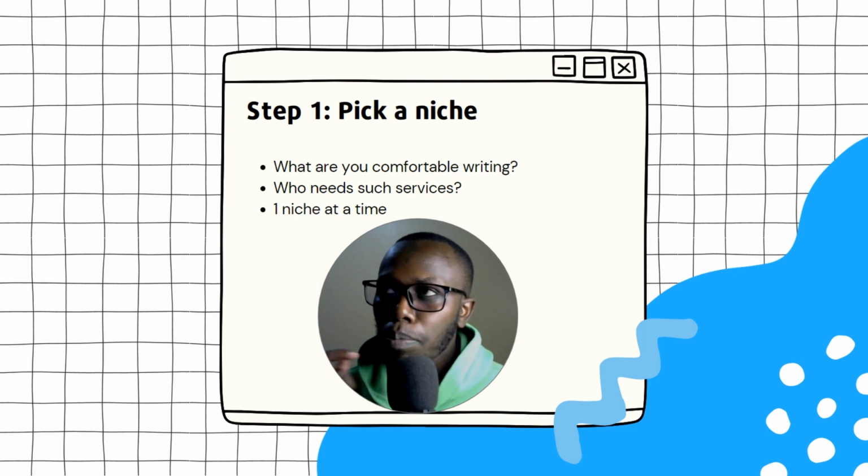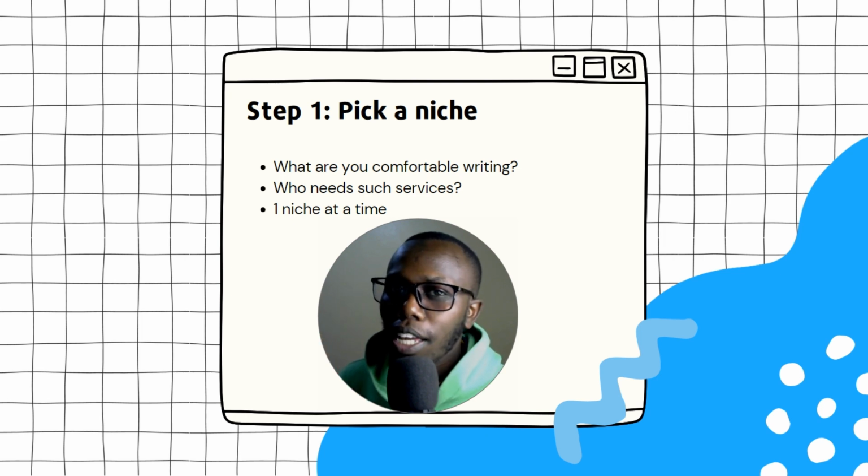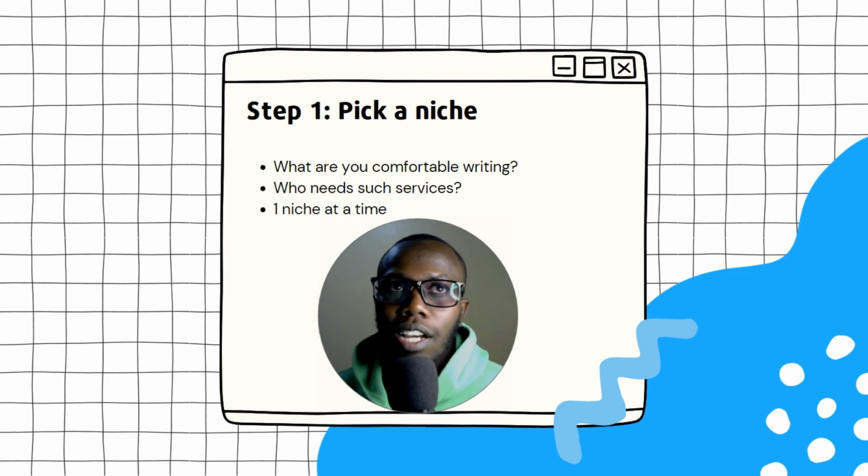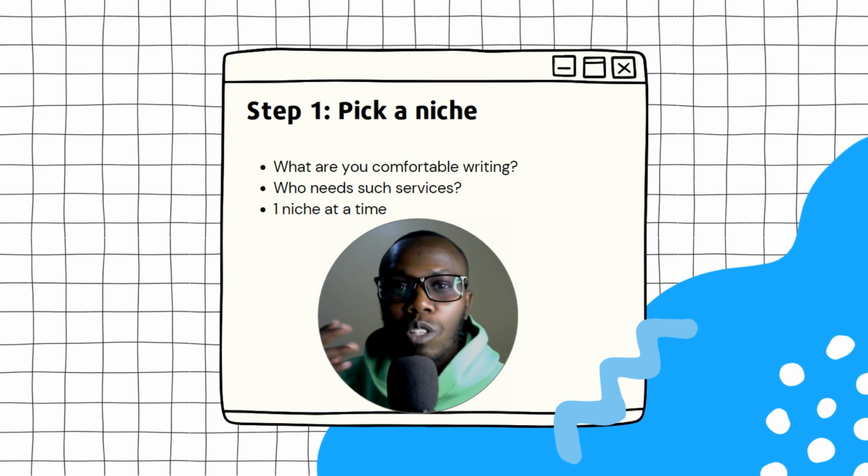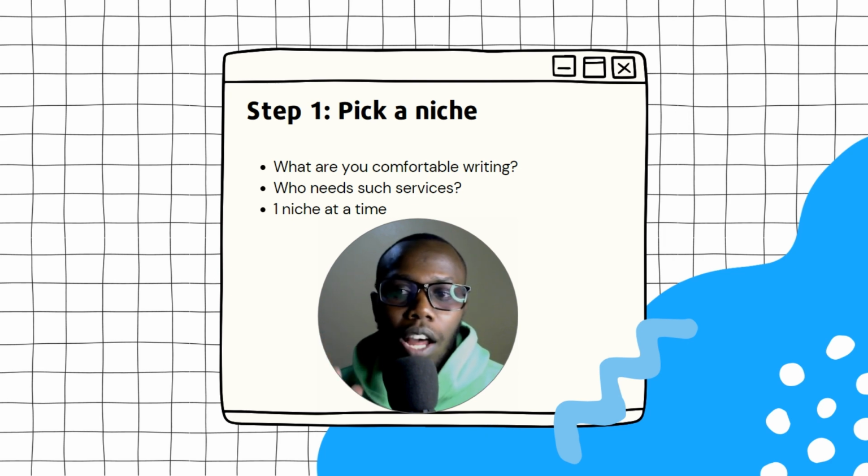Who needs crypto blog posts? Who needs crypto services? And of course, the answer should be crypto blogs, crypto websites. If you're comfortable writing about science, who needs science articles? Science websites. So that's how you arrive at the niche, using this method.